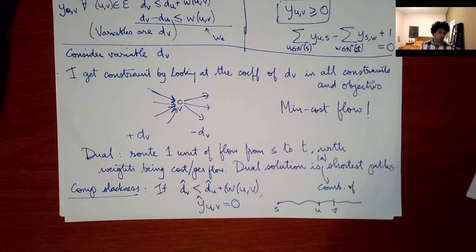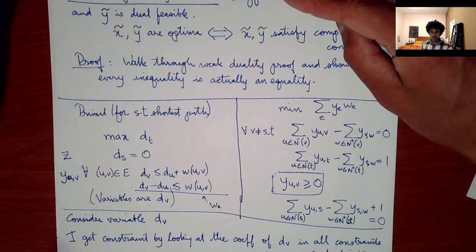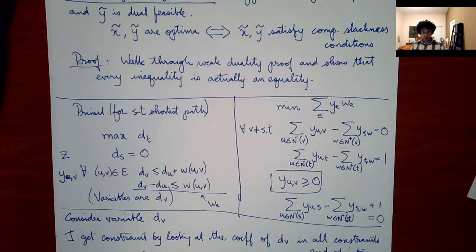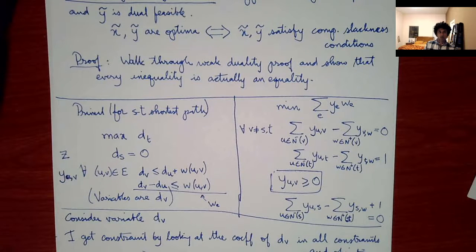So that's what complementary slackness says. Okay, any questions about this? So the primal for the ST shortest path, the dual is basically a min-cost flow between S and T. Questions?